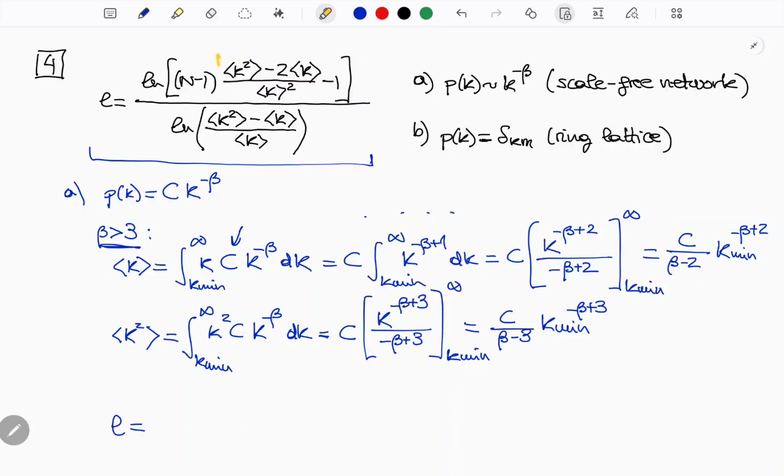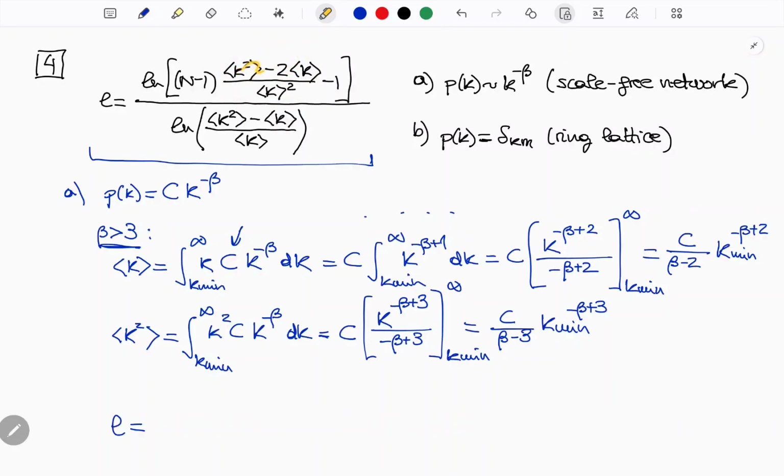And this part is finite, also for a finite network, because n is always a finite number, but this is going to be very large, whereas these magnitudes are not so large, so I can neglect them.